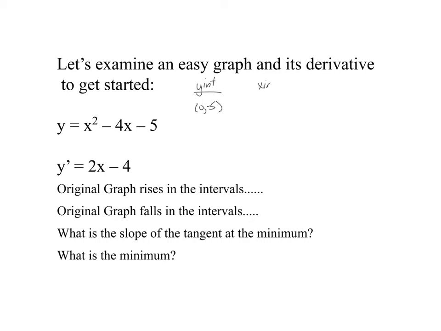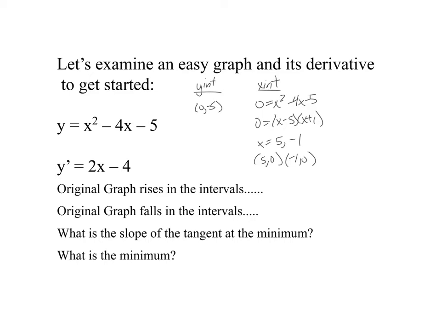And if we make y 0, we can find our x-intercept, or intercepts if there's more than one. In this case, if we factor the right-hand side, we would get minus 5 and plus 1. So we should have two x-intercepts at positive 5 and negative 1, and we could write those as coordinates if we want as well. So we have two x-intercepts, one y-intercept.